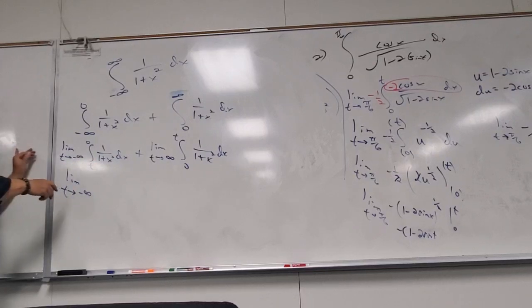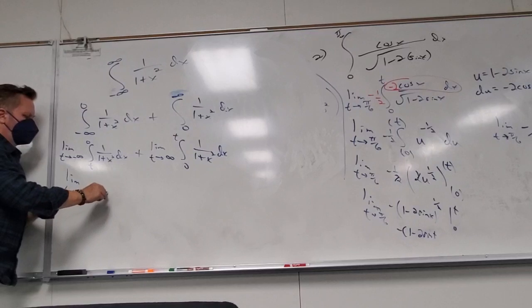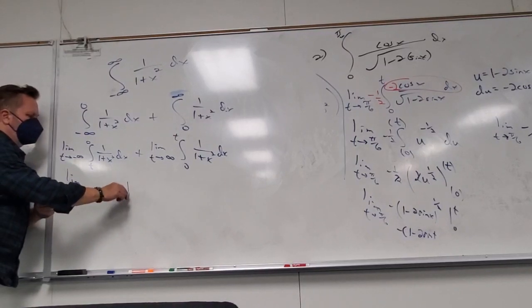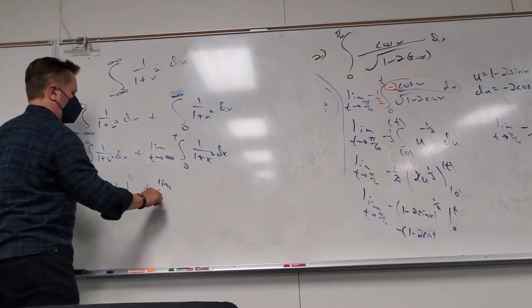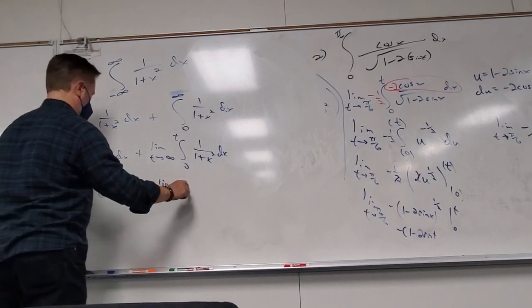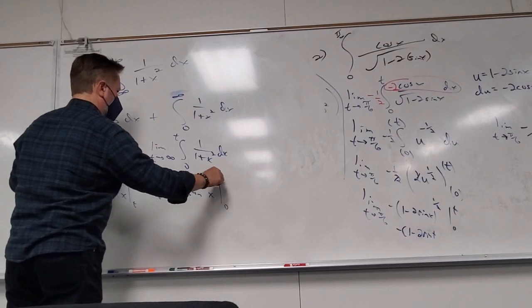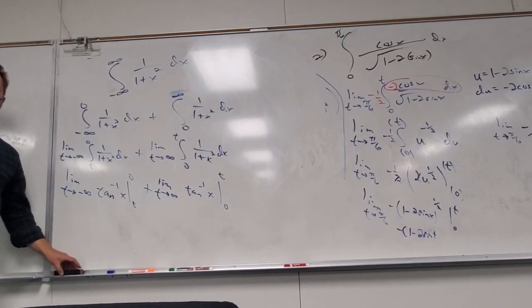What is the integral of 1 over 1 plus x squared? Arctangent. I prefer to write it like this: arctangent x from t to 0, plus the limit as t goes to infinity, arctangent x from 0 to t.